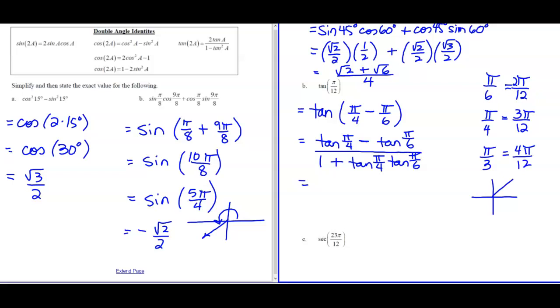So pi over 4 for tan, remember, is just 1. Pi over 6 will be 1 over root 3. Okay, because it's 1/2 over root 3 over 2. Rationalized would be root 3 over 3. Okay, then you're multiplying. You've already figured those out, right? So it's no new calculations or ratios.